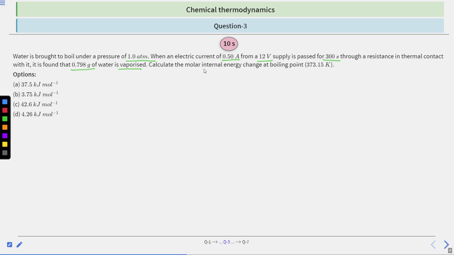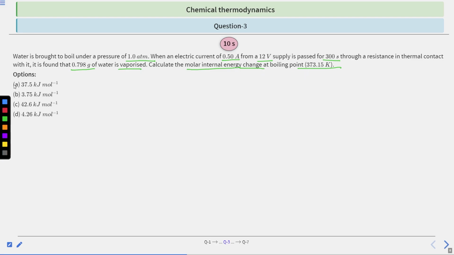Calculate the molar internal energy change at the boiling point, that is 373.1515 Kelvin. We are given the current, the voltage, and the time for which the current is applied, the pressure at which the water is, and the weight of the water which is vaporized. We have to calculate the molar internal energy change at the boiling point.